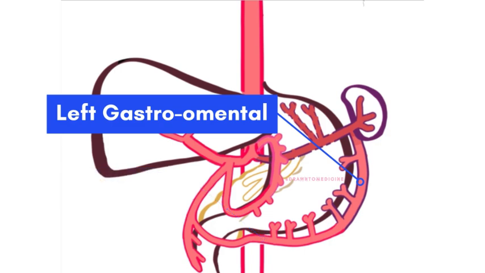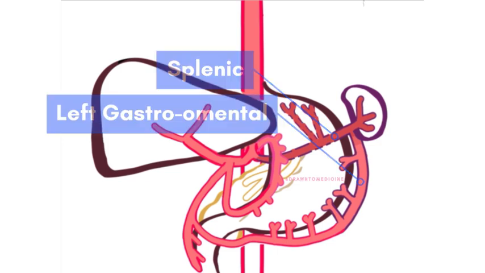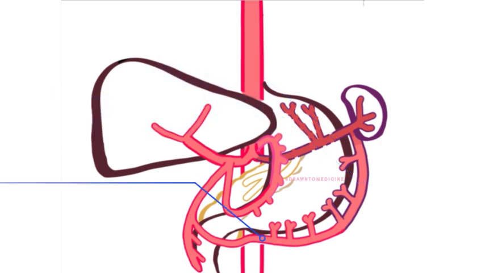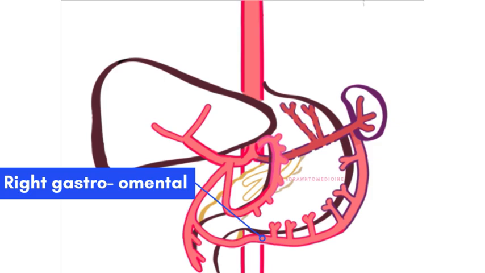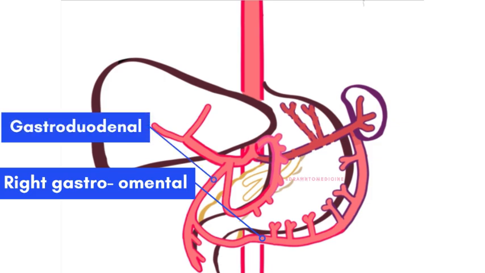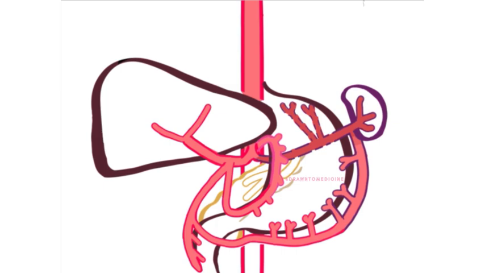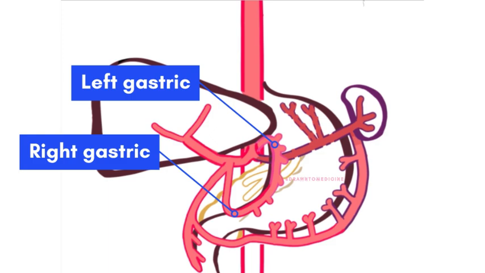Just so that this makes sense, the left gastroomental artery is coming from the splenic branch of the celiac trunk, whereas the right gastroomental artery is coming from a gastroduodenal artery, which is coming from a hepatic artery from the celiac trunk. These gastroomental arteries supply the greater curvature of the stomach, whereas the right and left gastric arteries supply the lesser curvature of the stomach.